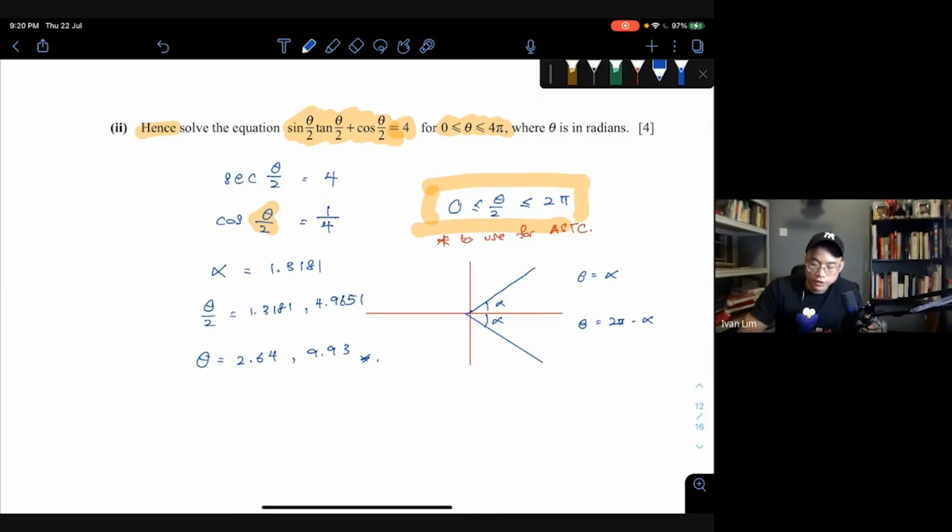If you're unsure, just double check: is 2.64 and 9.93 within 0 to 4 pi? Okay, 0 to 4 pi. Clear on this one?